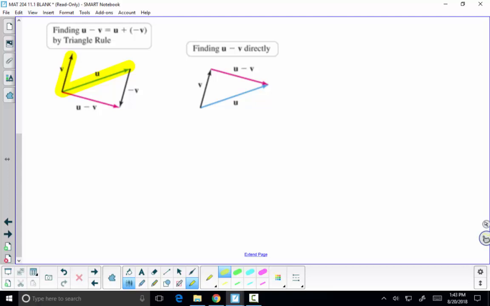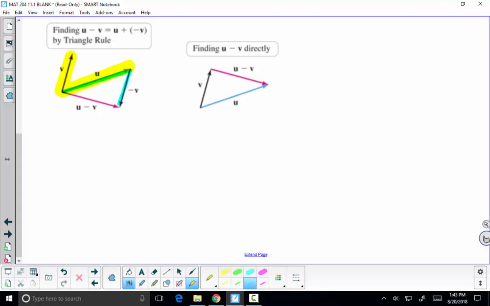V is pointing that way, negative v is just pointing the other direction. And if you look carefully at this, it's lined up just like the triangle rule, where those two can then be added: u plus negative v. We complete the triangle to get u plus negative v, and we're going to call that vector u minus v.